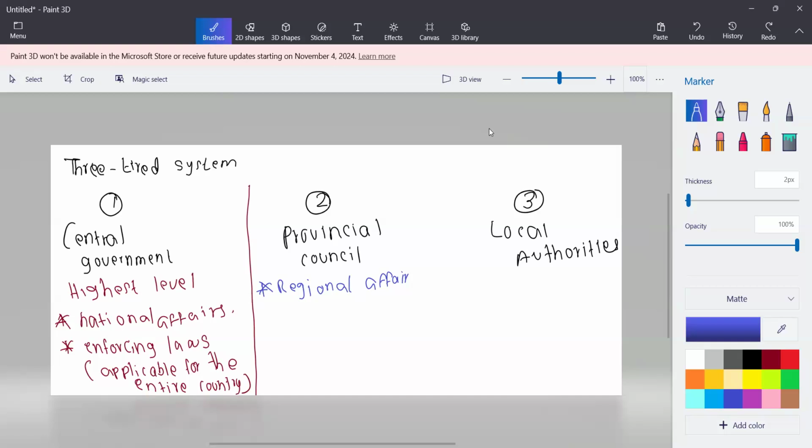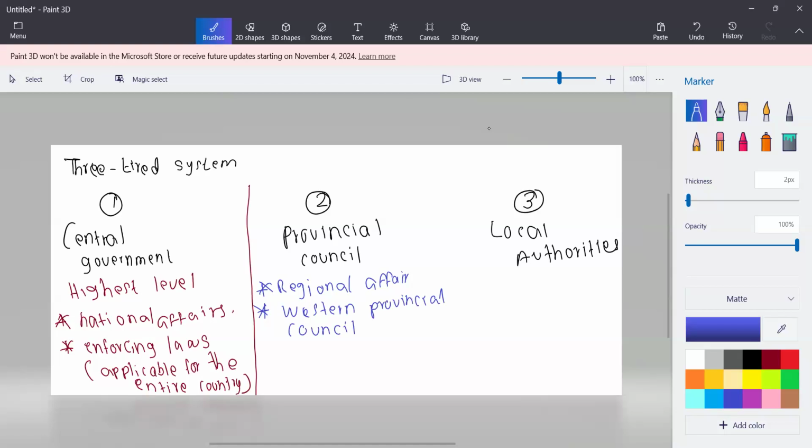Simple as that. One example is the Western Provincial Council. Since I am in the Western province, I am giving that example. Now, who are these local authorities?